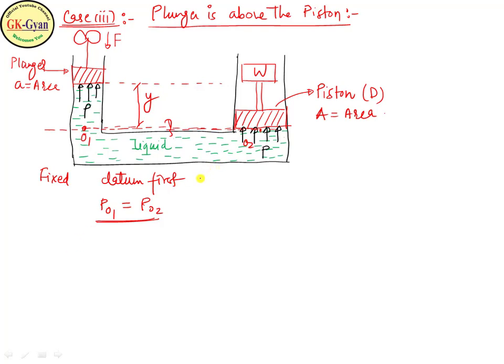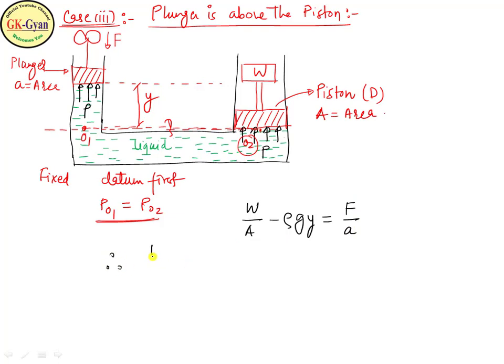At this point the pressure will be W by A, and moving horizontally, the pressure will be the same. From point O1 you are moving upward in the y direction, so it will be minus rho g y from the reference point, equal to F by A, that is the pressure by F. Are you getting the point?